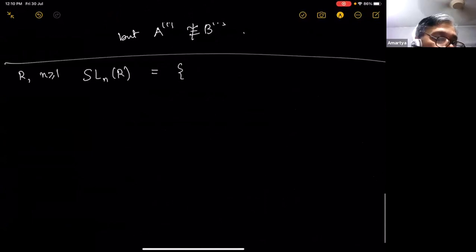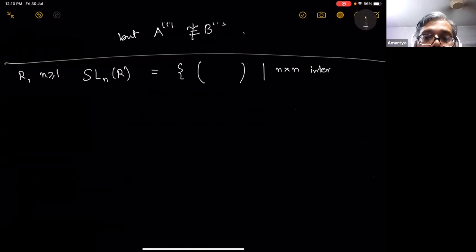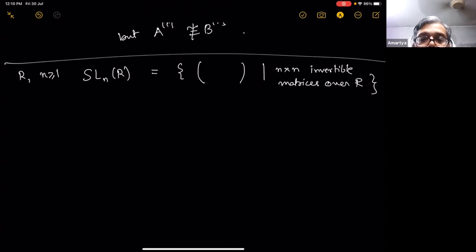This is the set of n cross n invertible matrices over the ring R. So you have a natural map from SL_n(R) as an inclusion; you can think that it is contained inside SL_{n+1}(R).